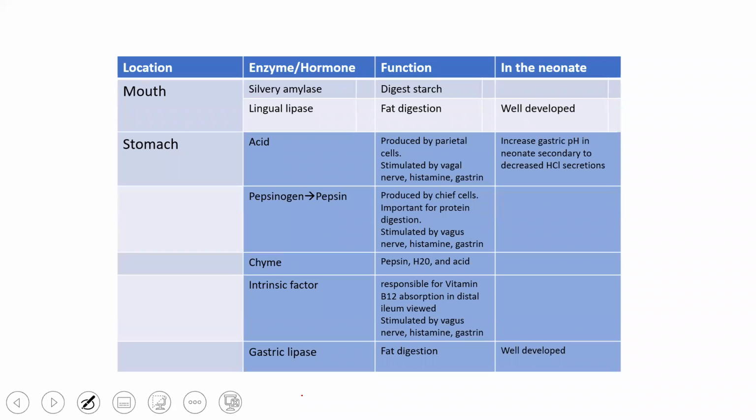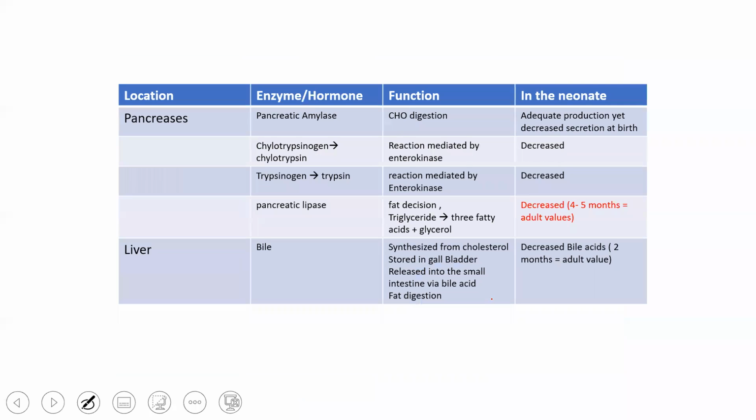We said that pepsinogen, in order to convert to pepsin, requires an acidic medium. There is intrinsic factor in the pediatric age group, which is very important for vitamin B12 absorption in the distal ileum. Gastric lipase is also important for fat absorption.